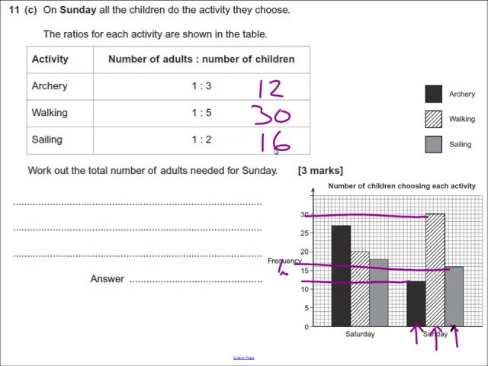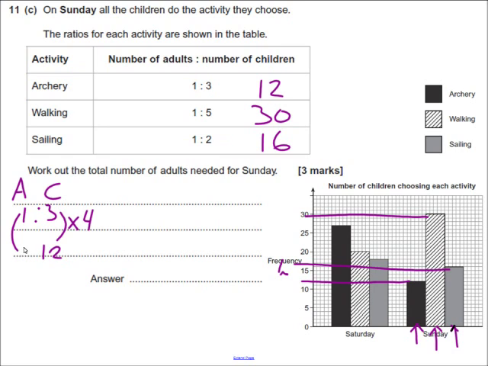Now all we need to do is use our ratio format to work out how many adults we need for each of the activities. Now we know how many children there are. So let's go along and see. So let's start with the archery. Adults to children has a ratio of 1 to 3. And we know there are 12 children that want to do archery. So we've multiplied 3 by 4 to get our 12 children.